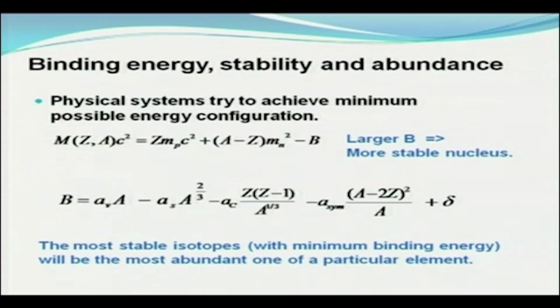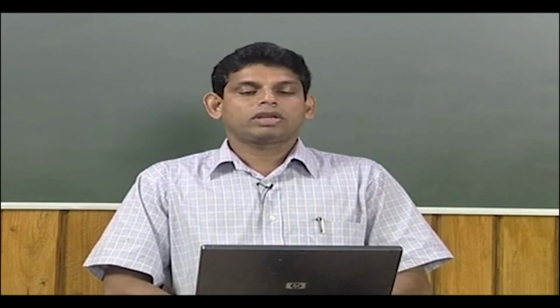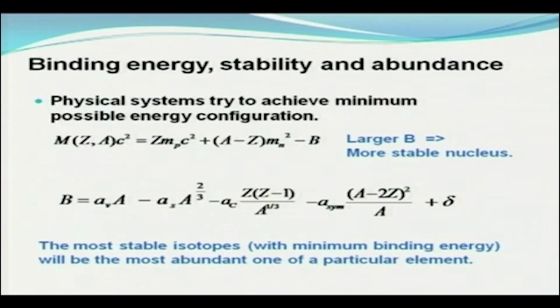find out, for a particular value of A, what is the value of Z that will give the maximum value of B, or the minimum energy configuration, or the most stable configuration for the nucleus. So, for a given A, which element will be the most stable one. We can take this expression of B, take the first derivative of that, and equate that to 0.